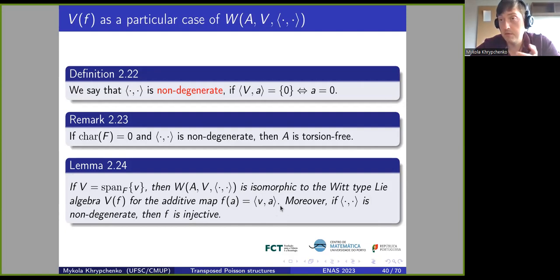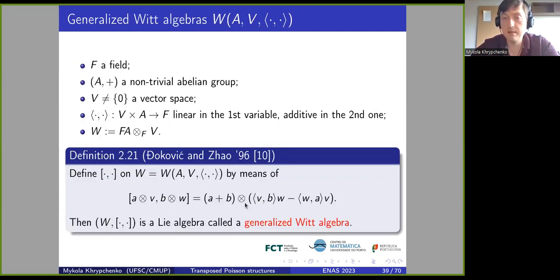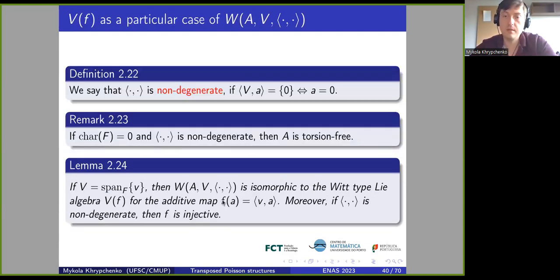And if we write the definition of the Witt type Lie algebra given above, we see that it gives you exactly this algebra. So it's isomorphic. So we see that these generalized Witt algebras in fact generalize Witt type Lie algebras corresponding to additive injective maps. Not every Witt type Lie algebra, but some subclass of additive maps.